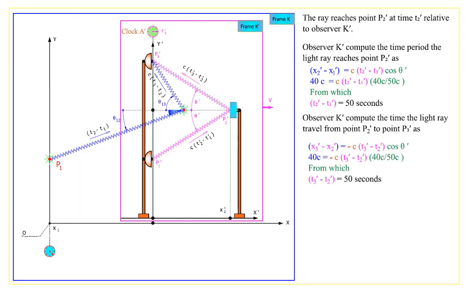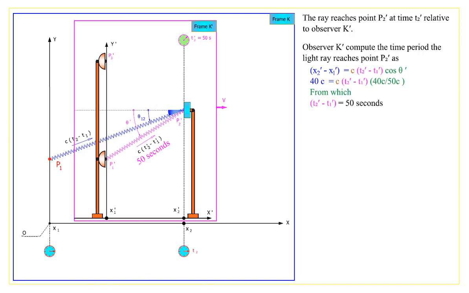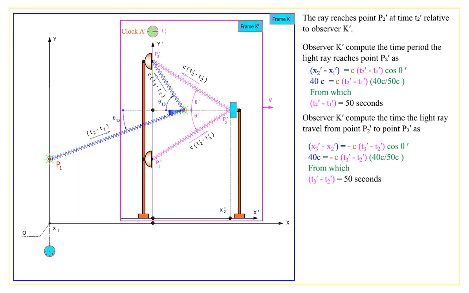Observer k' computes the time the light ray travels from point p'2 to point p'3, depending on the fact that light travels at constant speed relative to any observer, from which we find that the time interval t'3 minus t'2 equals 50 seconds.